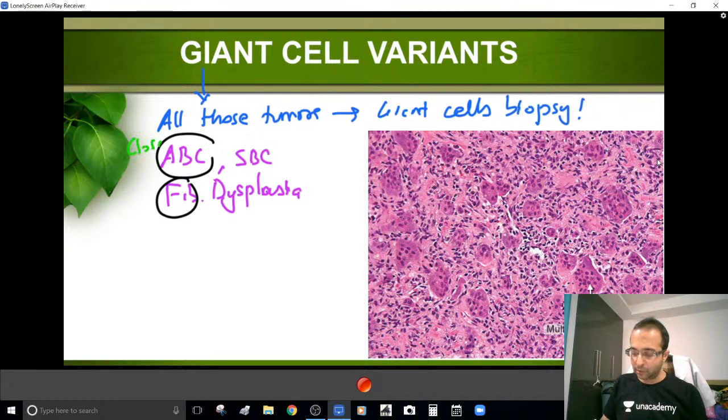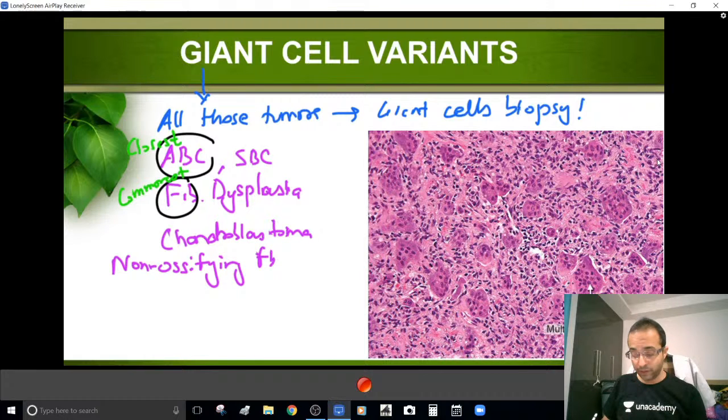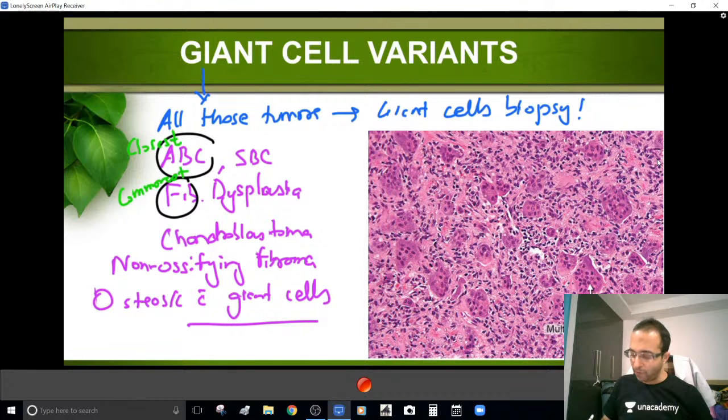So ABC is the closest variant and fibrous dysplasia is the commonest variant. Apart from it, chondroblastoma is another possibility where you can have giant cells. And then you have a rare tumor called non-ossifying fibroma. Even here you can have giant cells on the biopsy. And then there's a rare variant of osteosarcoma called osteosarcoma with giant cells that can have giant cells on the biopsy. So chondroblastoma can also have giant cells on the biopsy.